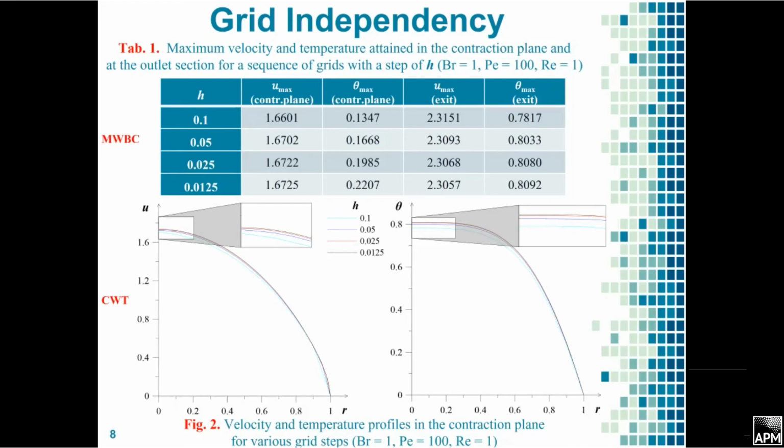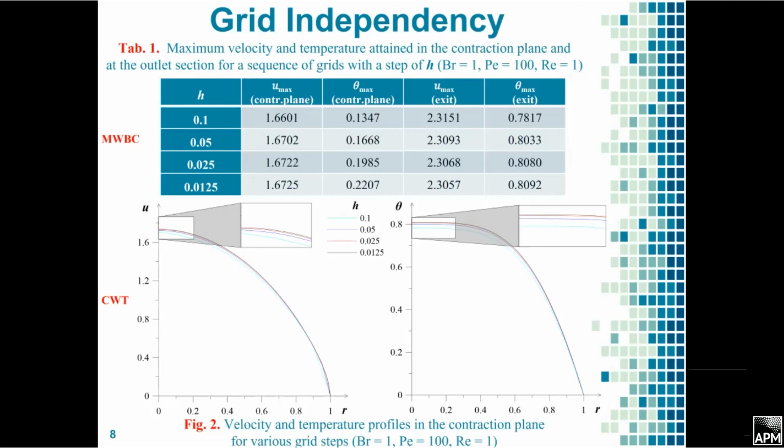A set of calculations were implemented in order to verify the developed numerical algorithm. Verification is performed for both considered cases, as you can see. The maximum axial velocity and the maximum temperature attained in the contraction plane and in the exit sections are presented for the MWBC case in table 1.